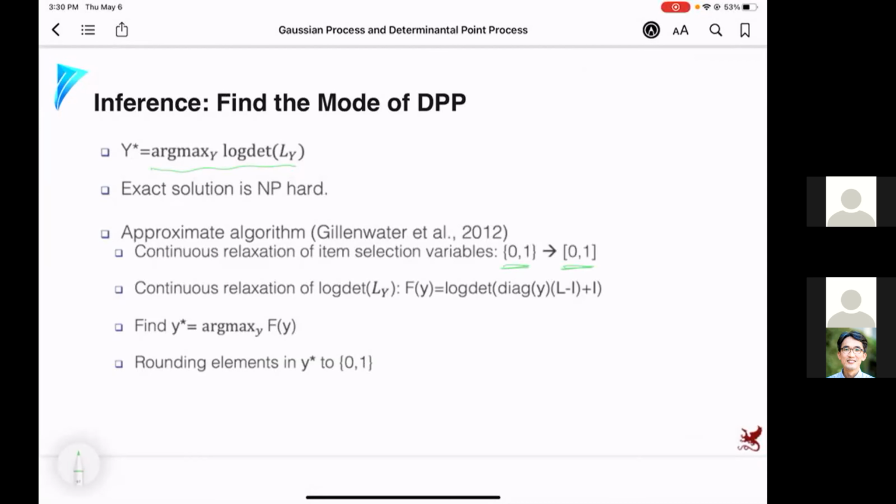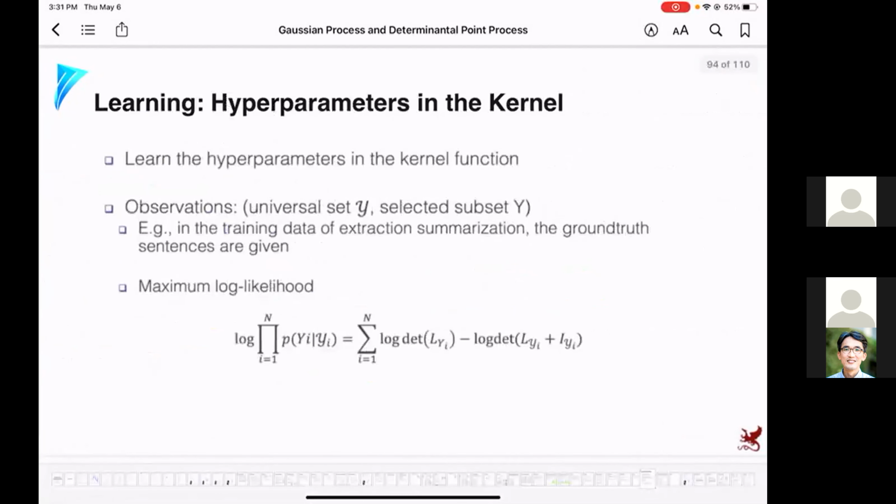In this case, if I relax my selection variable to be a value between 0 and 1, and then I relax my log determinant to be this slightly changed form, I can solve the optimization problem, and then round it back to 0 and 1 for my best subset selection. Because finding the subset with the highest probability is actually finding the mode of the DPP. So that's the inference part.